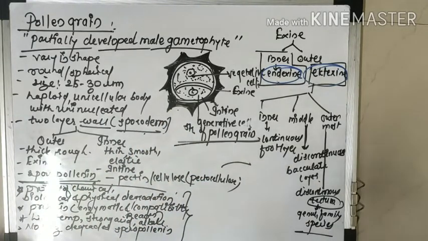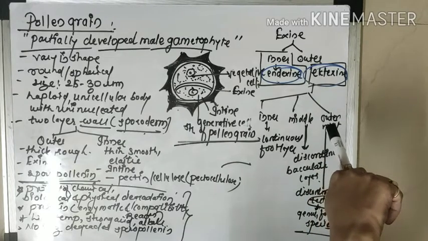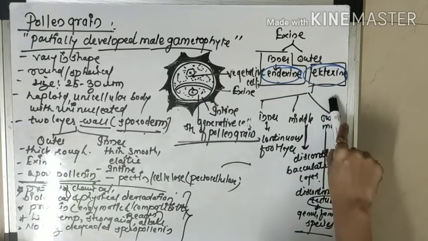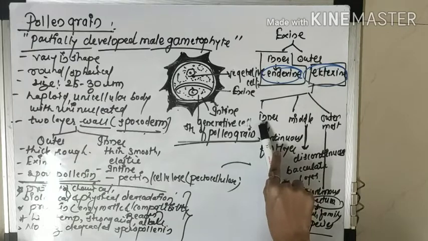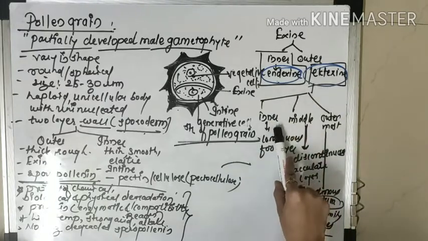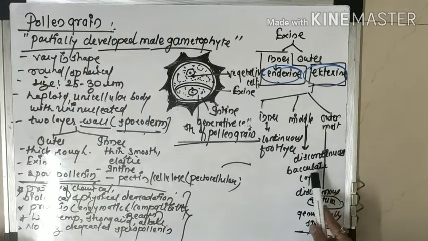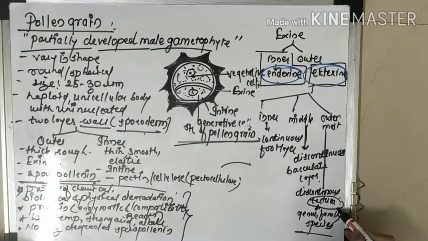Now this exine is again differentiated into inner endexine and outer ectexine. But this outer ectexine is further divided into an inner continuous foot layer, a middle discontinuous baculate layer, and the outermost discontinuous tectum.